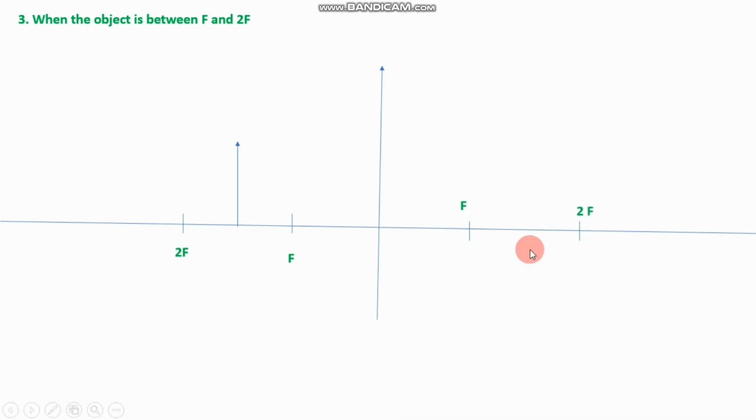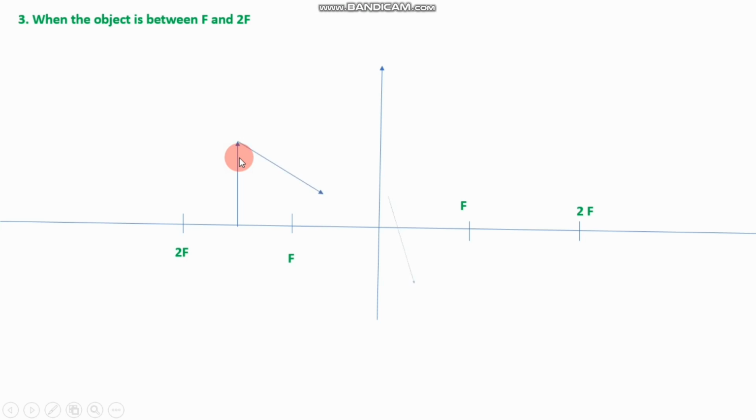The third one is when the object is between F and 2F. So what will happen when the object is between 2F and F? So let us do this diagram very fast. We have the principal focus and the 2F, the same on this side. So this is our object. So we use the two rays as usual.